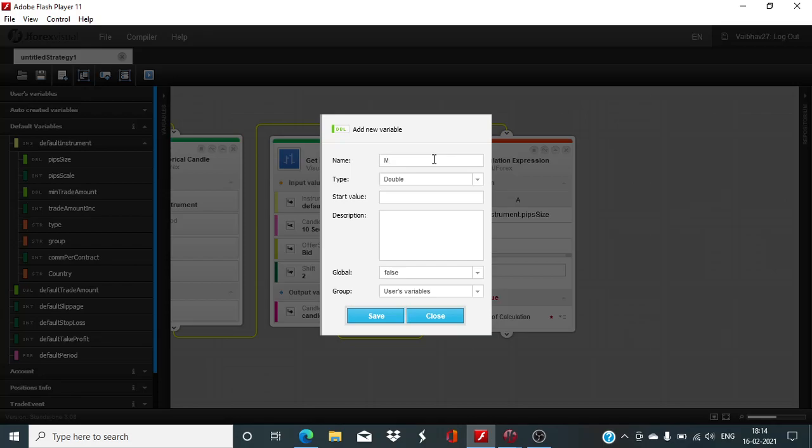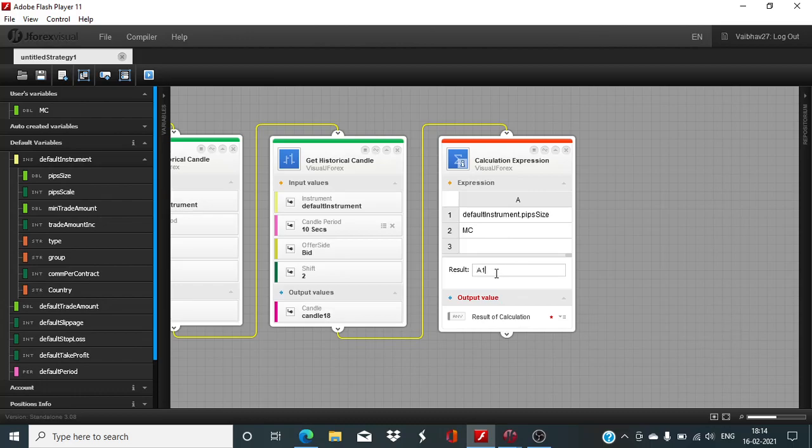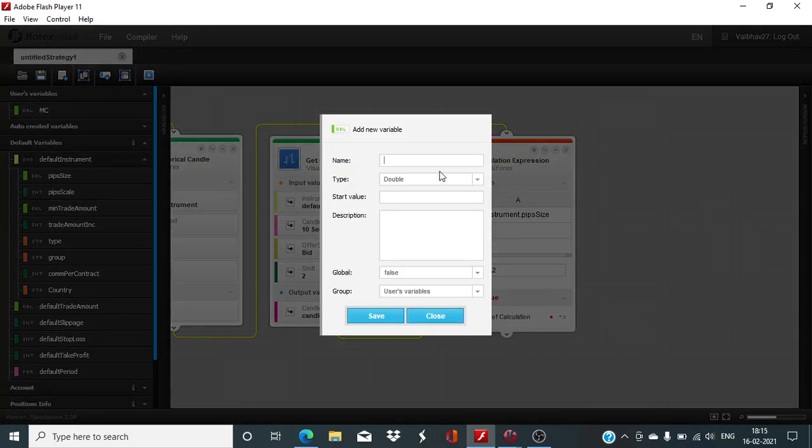I will write it minimum condition pips, and this will be a1 into a2, and the result of the calculation will be the candle difference minimum. Okay, so I will save this.